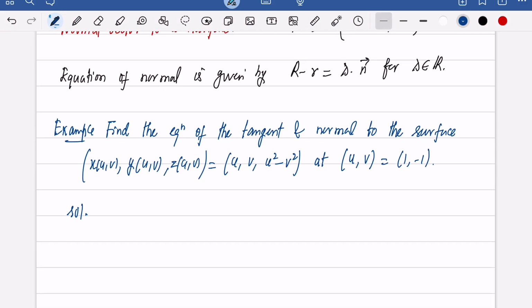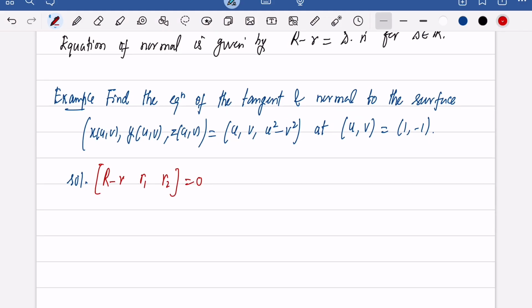So in the solution, first we write down the equation of a tangent. Equation of a tangent is written as the scalar triple product of r minus r0, r1 and r2 equal to 0. So therefore we immediately evaluate what is r1 and r2.